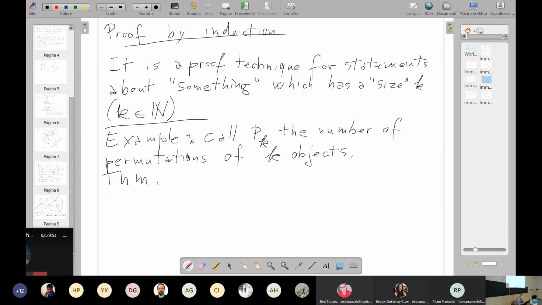Theorem: P_k equals k factorial. Okay? And I'll prove this example very rapidly.